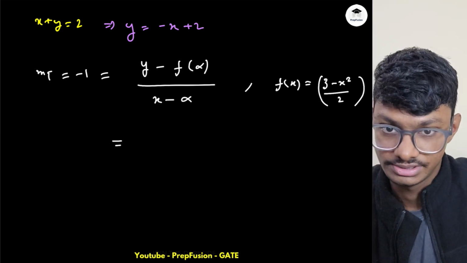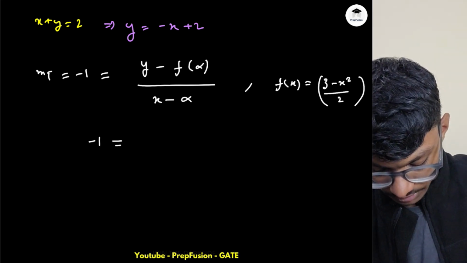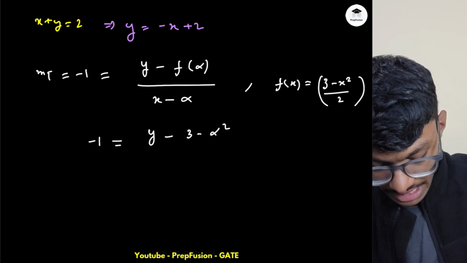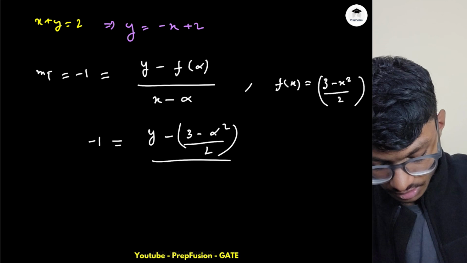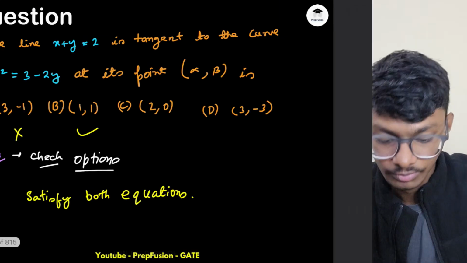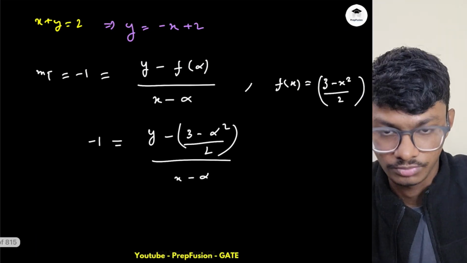So now, here this is -1, this is y minus 3 minus alpha square divided by 2, divided by x minus alpha. This is the equation. Alpha and f of alpha are the point where it touches the curve.